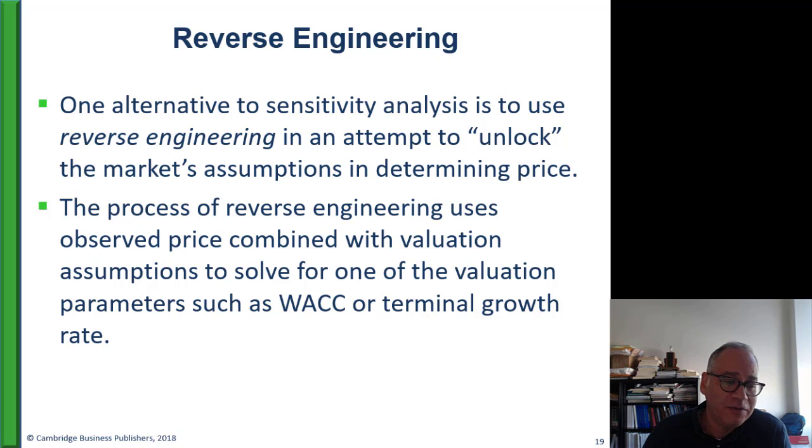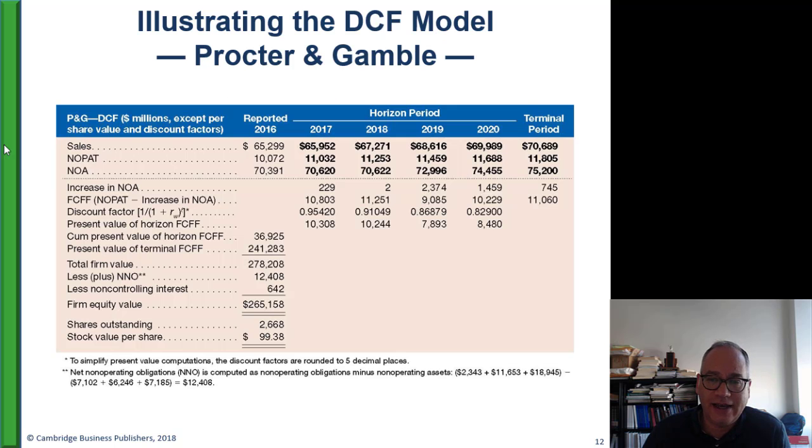What you would do with reverse engineering is take this, input the current stock value, let's say it's $85, and then figure out what the variable would be. I would look for the return on investment, in other words, the discount rate. You would figure out what discount rate would be needed in order to get the stock value. The function for that in Excel would be internal rate of return.